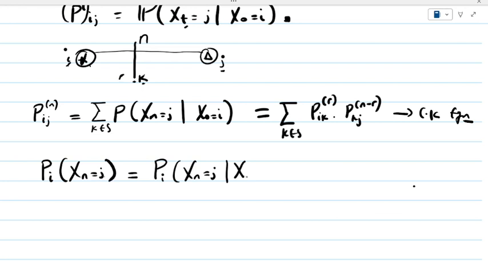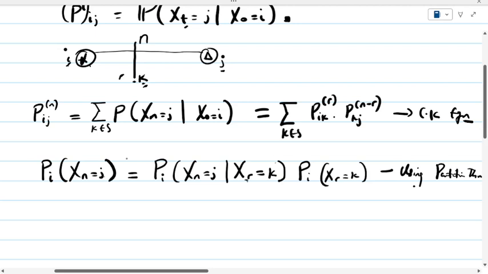That is, state X index r equals k over r steps. Then since we partition, we bring out the probability of X index r equals k, using the partition theorem. You can check our previous video for a better understanding of this method, and this is the simplest method I believe so far.